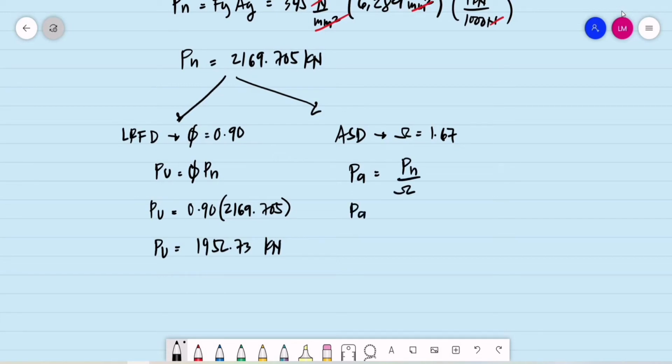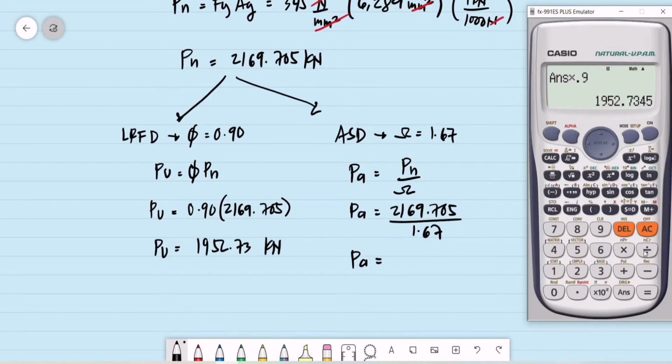So you have P sub A equal to 2,169.705 divided by 1.67. So the allowable load under ASD is 2,169.705 divided by 1.67.